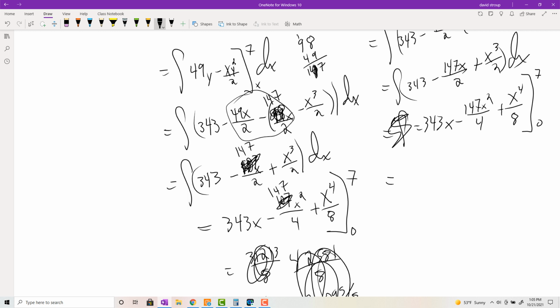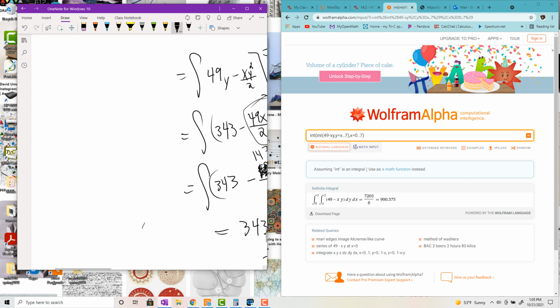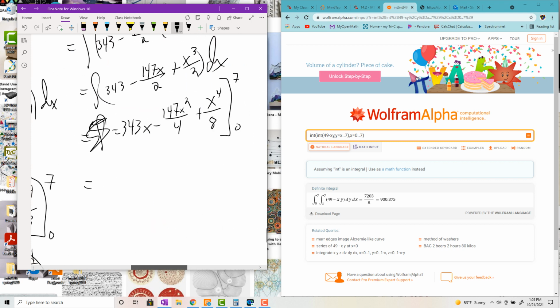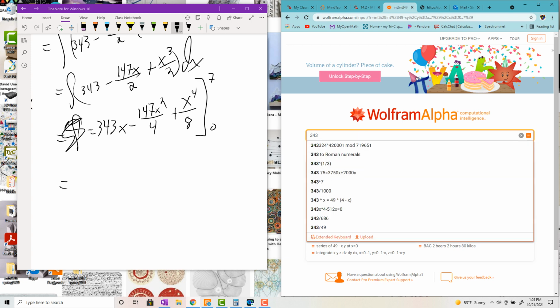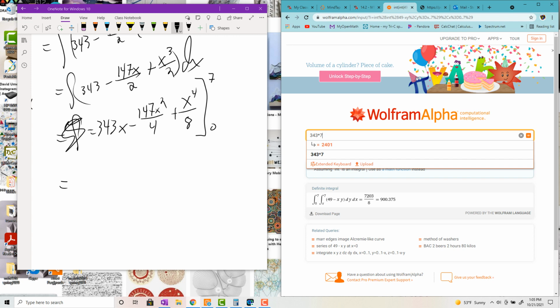So this will equal, I mean literally that's what I kind of do, and then I just used Wolfram to figure it out. So 343 times 7 minus 147 times 49 all over 4 plus 7 to the 4th all over 8.